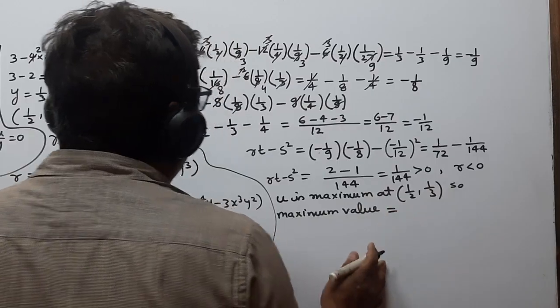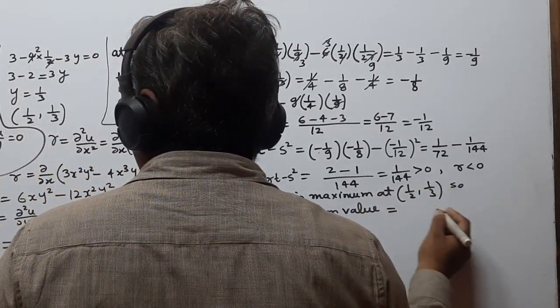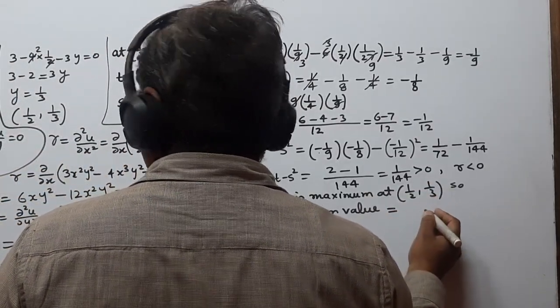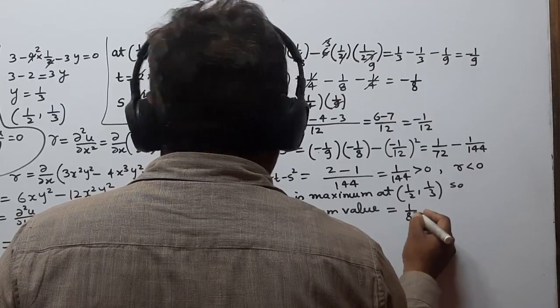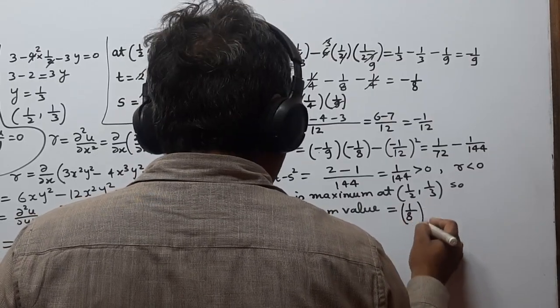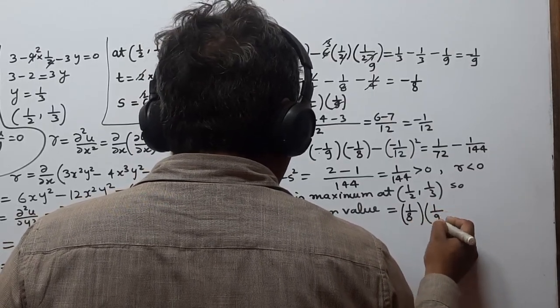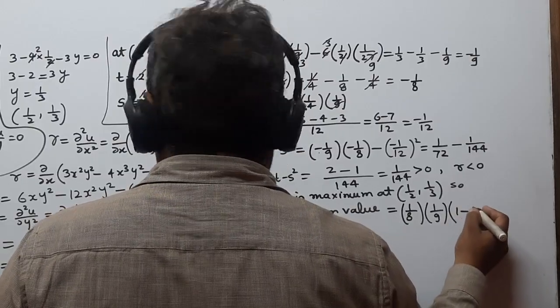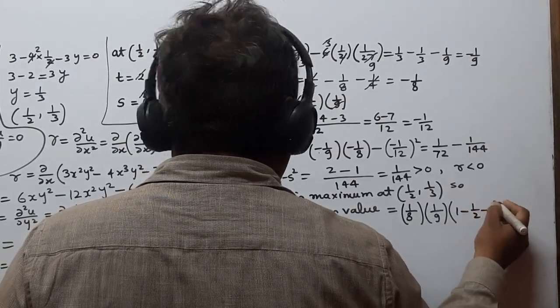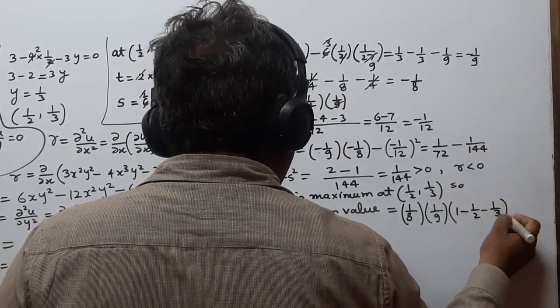The maximum value we get when we put this point in the given function, so this becomes 1 by 8 and y square, this becomes 1 by 9, 1 minus x is 1 by 2, minus y is 1 by 3.